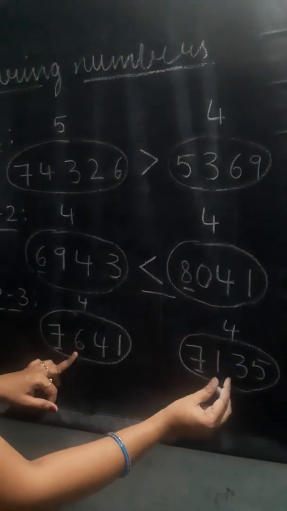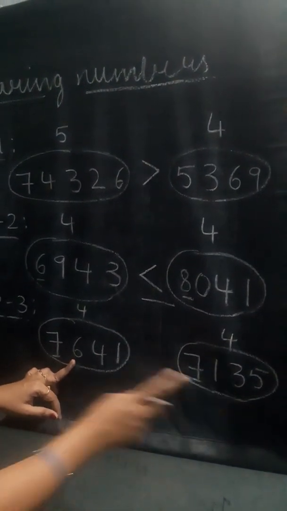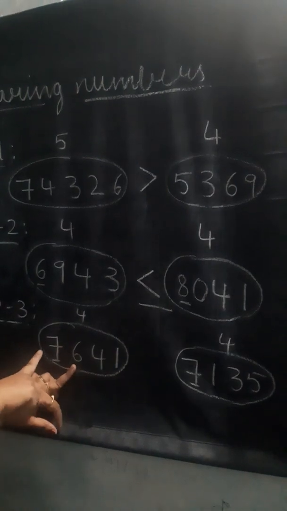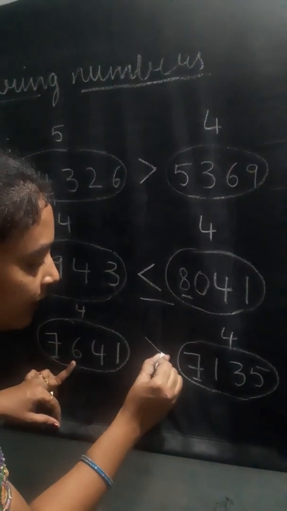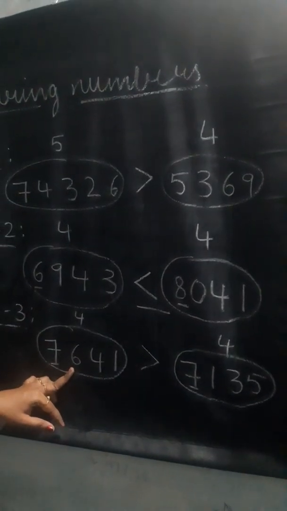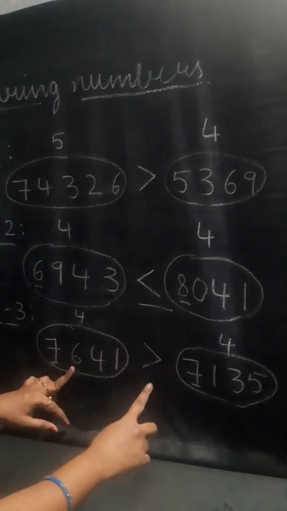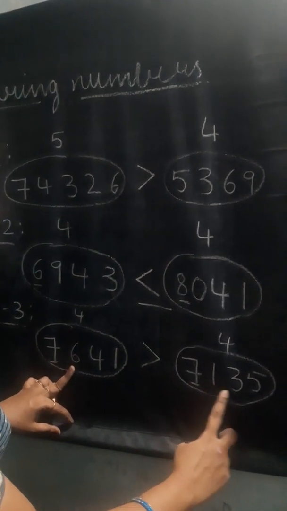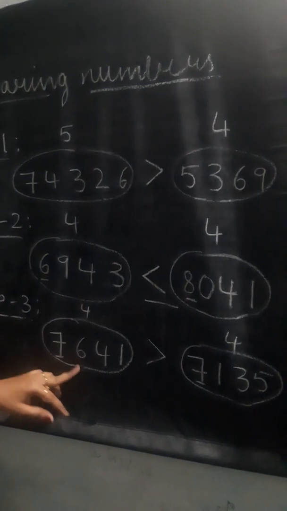And here? 1. 6 is greater or 1 is greater? 6 is greater. So 7,641 is the greater number. You have to put the greater than symbol. 7,641 is greater than 7,135.